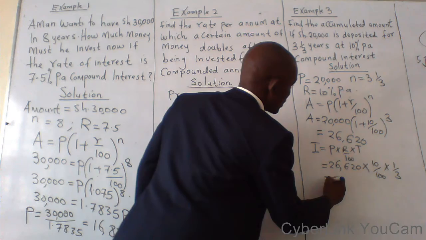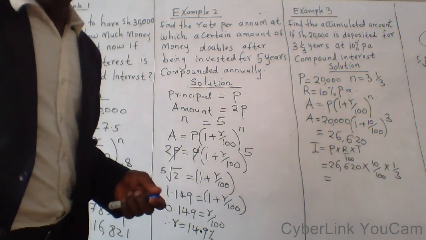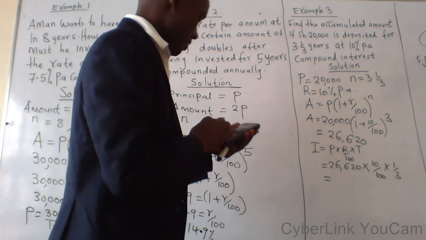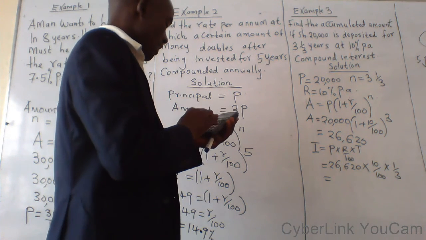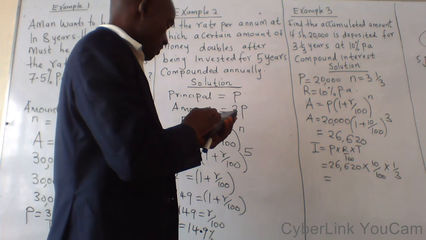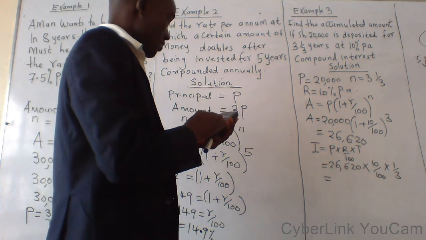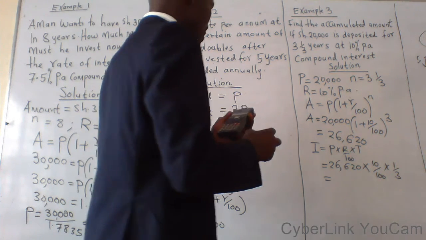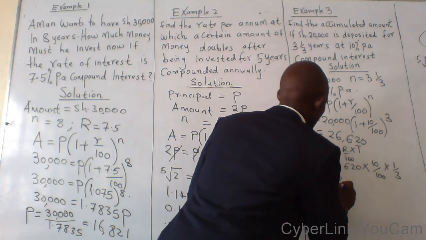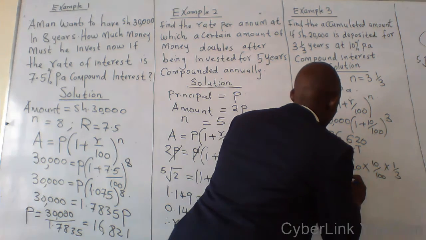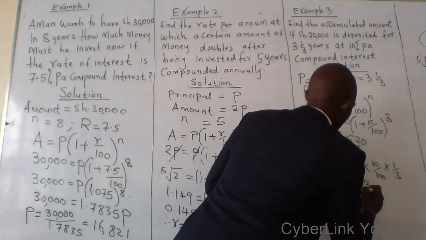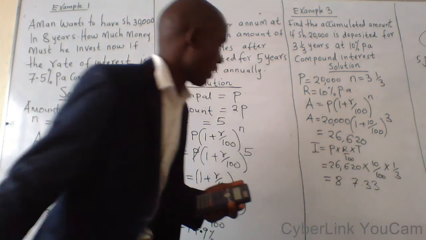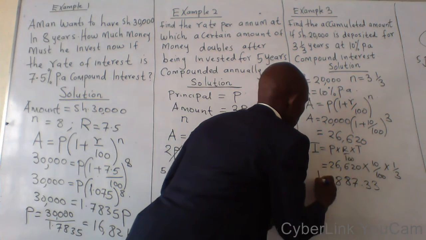So this one gives you 887.33 as your value, as the simple interest.